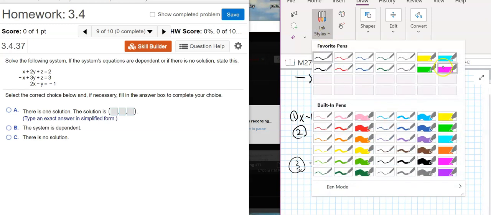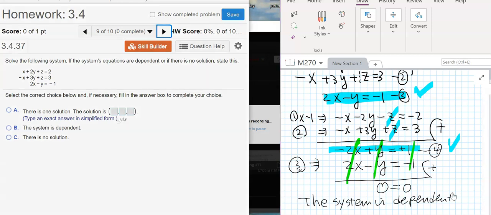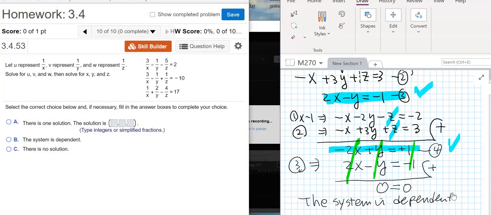What's left then is 0 equals 0. Remember this one? The system is dependent. Okay, and then there was 9. The last one is this.